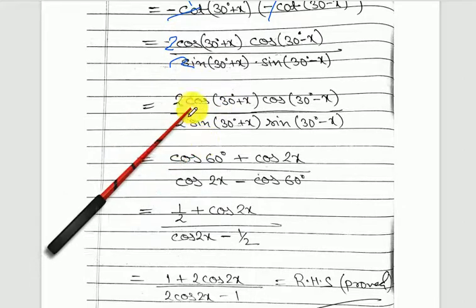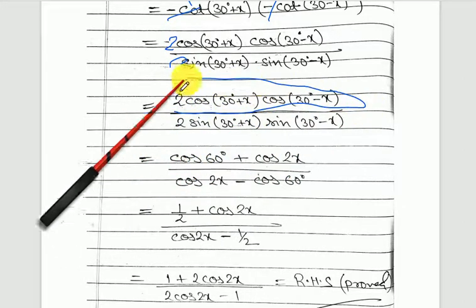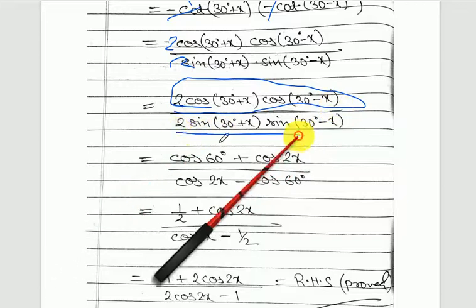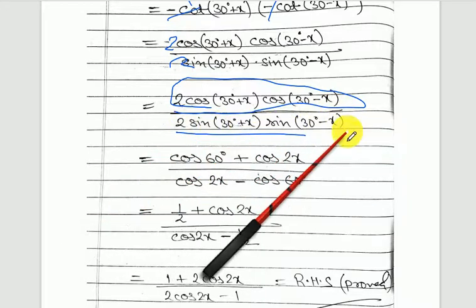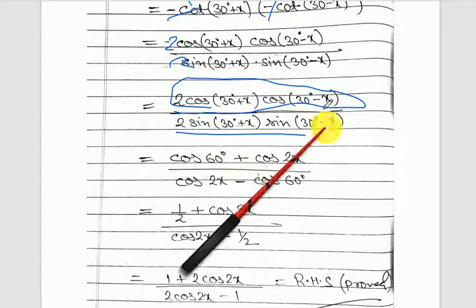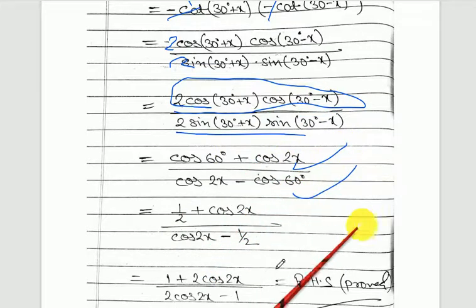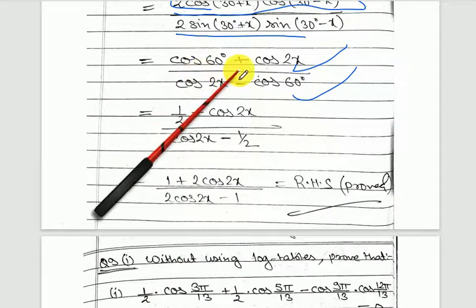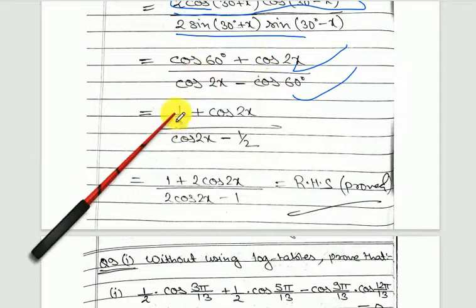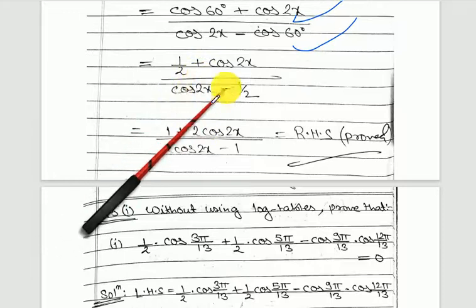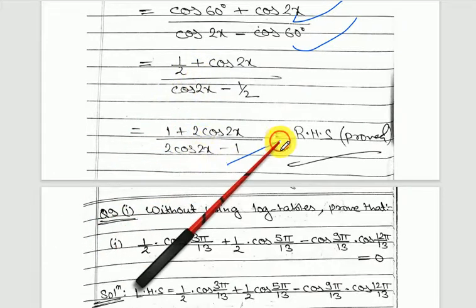Now we can use the formula 2 cos a cos b, and for the denominator we can use 2 sin a sin b, and by that we'll get our numerator as this, and denominator as this. Cos 60 you know, so you can put the value half, then take LCM, simplify, and you will get your right hand side.